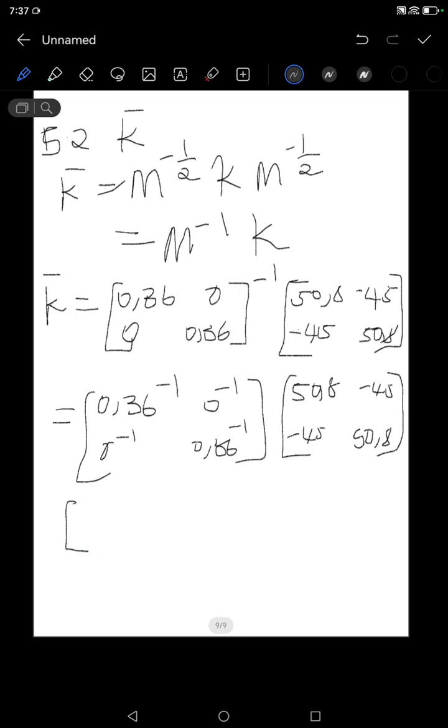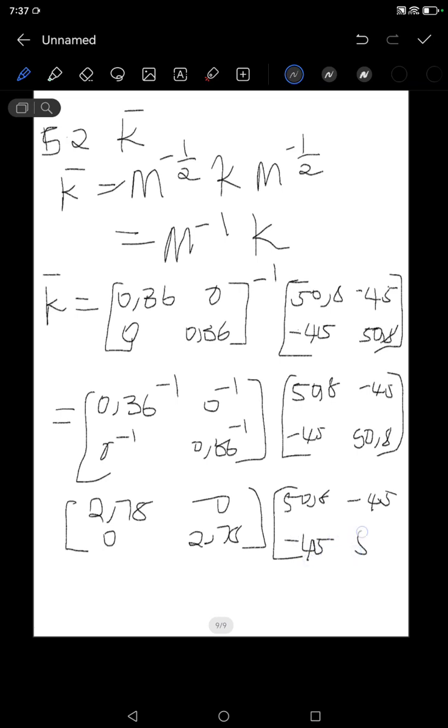So we're going to have 2.78, and then here 0, 0, and then here 2.78, and then you're just gonna copy this, the 50.8, negative 45, and a negative 45 there, and 50.8.